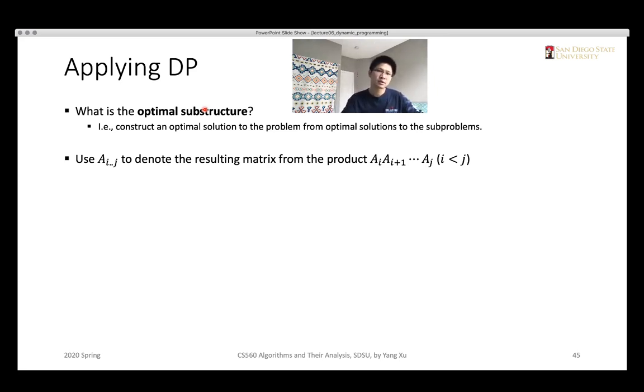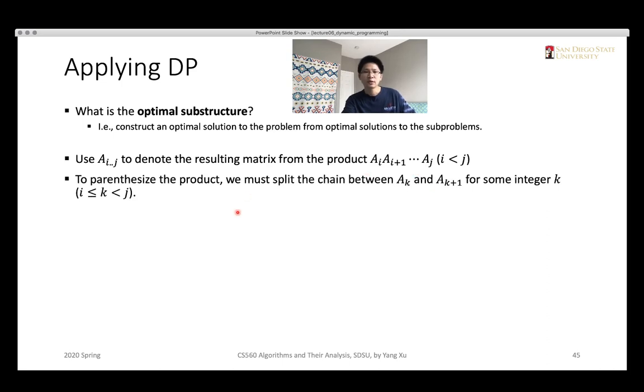We use this notation, capital A with subscripts I..J, to denote the resulting matrix from the chain product of AI times AI plus 1 until A subscript J, in which case I must be smaller than J. So we're using this shorter notation to denote the long chain product from AI to AJ.